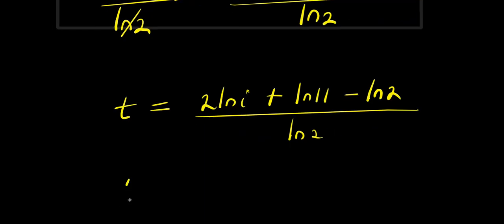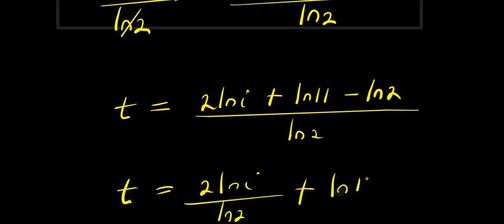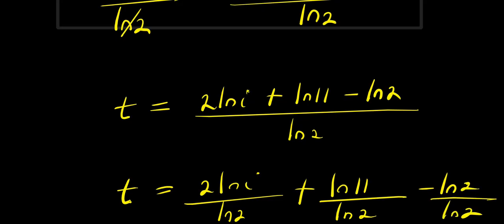So from here, I have t equals 2 times ln i divided by ln 2, plus ln 11 divided by ln 2, minus ln 2 divided by ln 2.